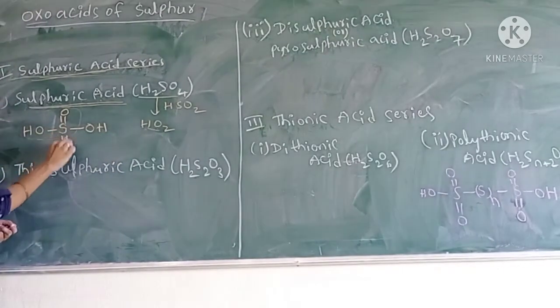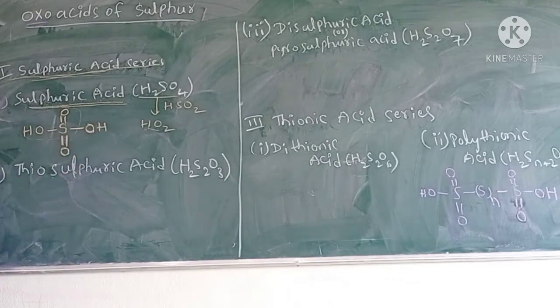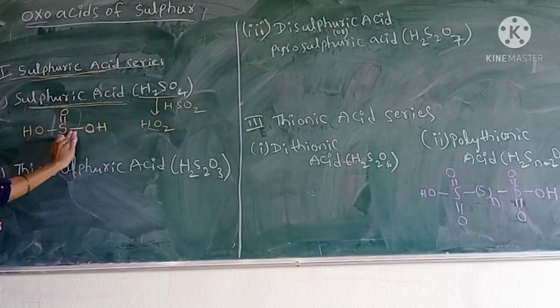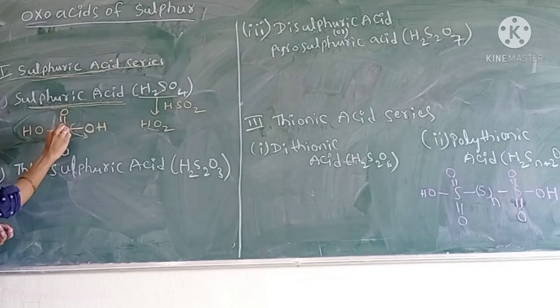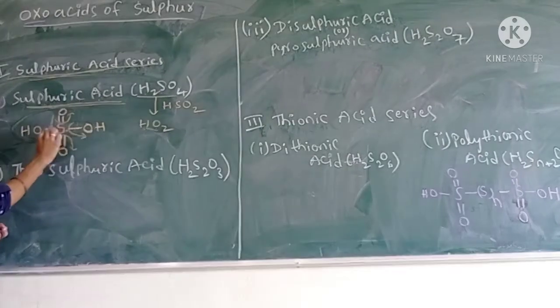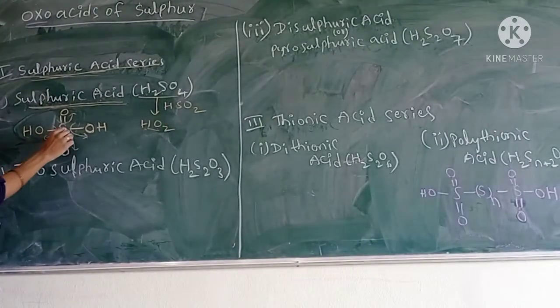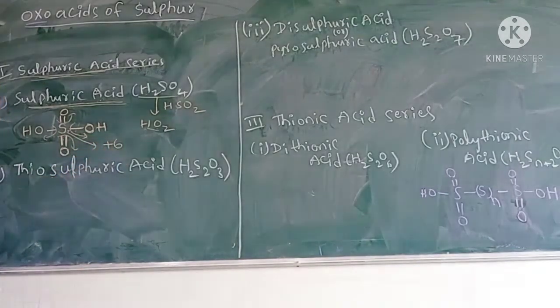So then put double bond O and then OH. So this is the structure of sulfuric acid. And here, how to calculate the oxidation state? Removal of this one will get +1 and here +1 and here +2 and here +2, +4 and +6. So this sulfur is in the +6 oxidation state.